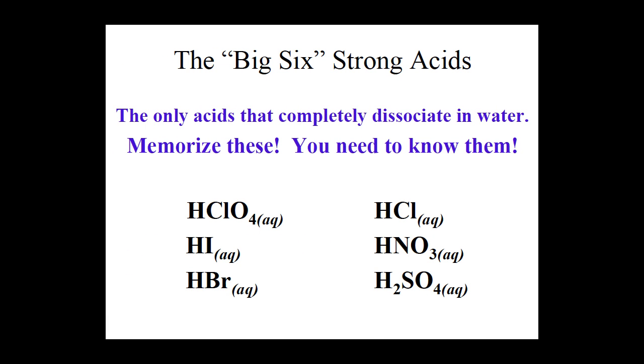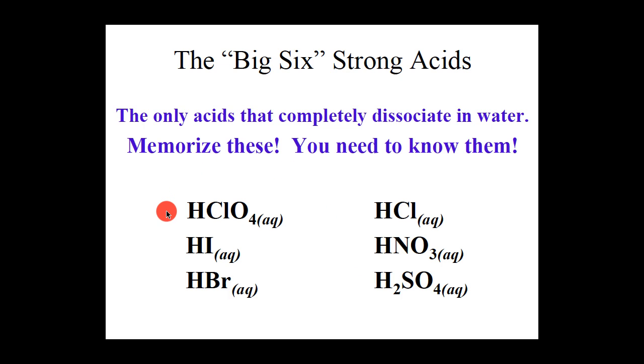This is a good time to become familiar with our strong acids. Here are the big six of strong acids. You really do need to memorize these. The sooner the better. We have perchloric acid, hydroiodic acid, hydrobromic acid, hydrochloric acid, nitric acid, and sulfuric acid.